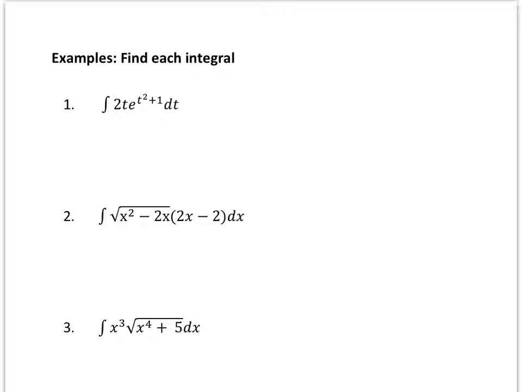So my multiplication sign is there, 2t times e to the t squared plus 1. I look at my two pieces of my product, choose the composition, that's this guy, and then the inside piece of the composition, that's t squared plus 1. There's the beginning of my substitution, establishing the inside piece.